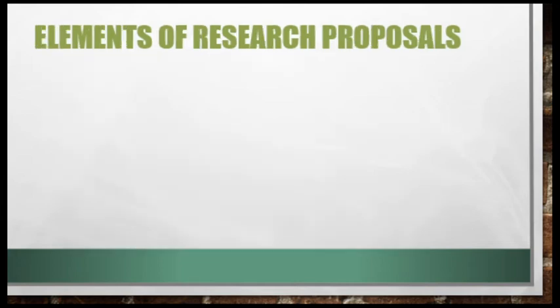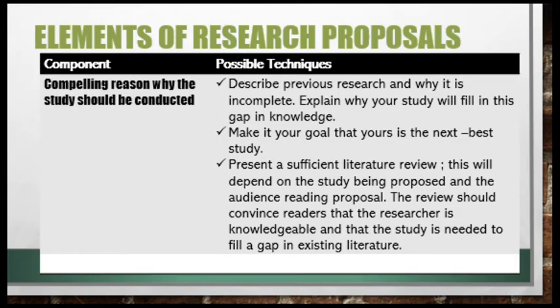Now, let's proceed to the elements of research proposals. Well, in this topic, there are three components. And I will be giving you also the possible techniques in order for you to meet your goal in addressing these three components. So the first component here is the compelling reason why the study should be conducted.